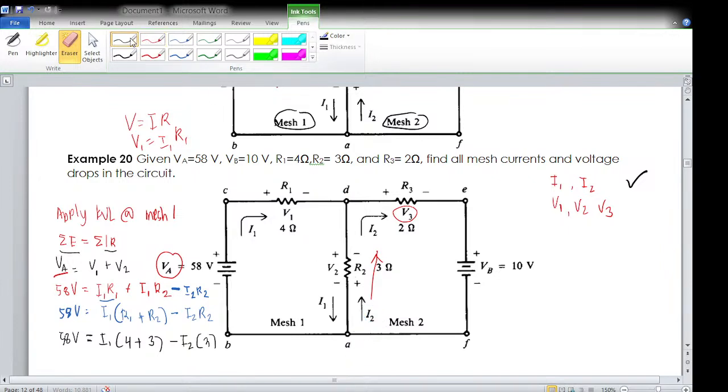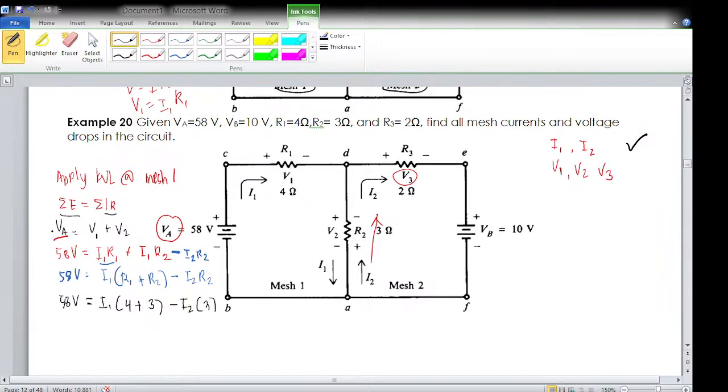But first, let us express this equation, class, in terms of I sub 1. You can also express it as I sub 2. Let's simplify this. It will become 58 equals 7 I sub 1 minus 3 I sub 2.